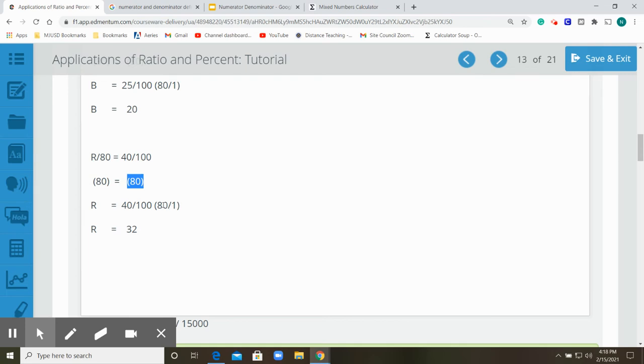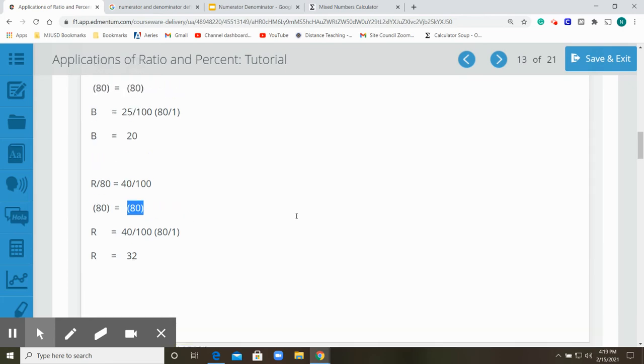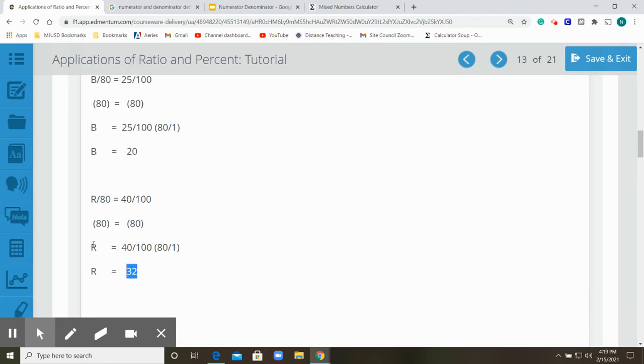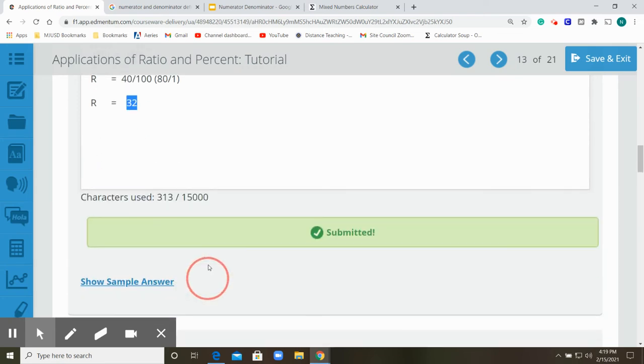It's the equivalent of 40 over 100, multiply by 80 over 1. That's the same thing. R equals 32. 40 times 80 is 3,200, divided by 100 is 32. So now we know how many strands of each color are in one pom-pom.